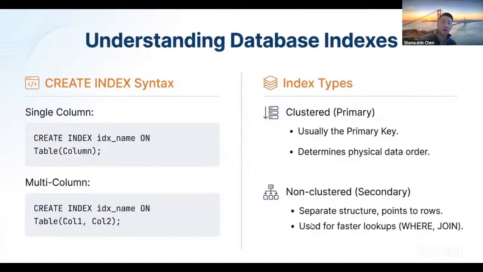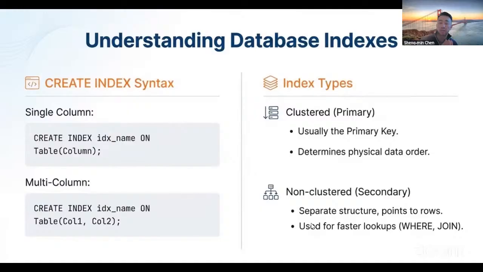Now look at how you create a normal index, a non-clustered index, on a non-primary key. You'll do CREATE INDEX ON, select the table name and then the column. If you want to create an index on two columns at the same time, that means the speed-up applies only when these two columns are used at the same time.